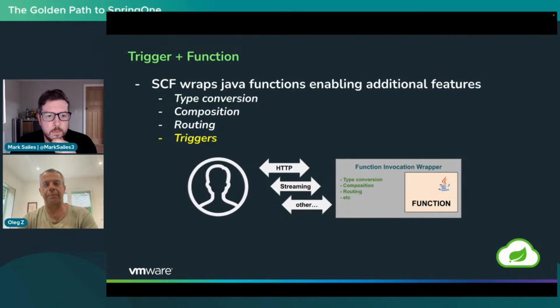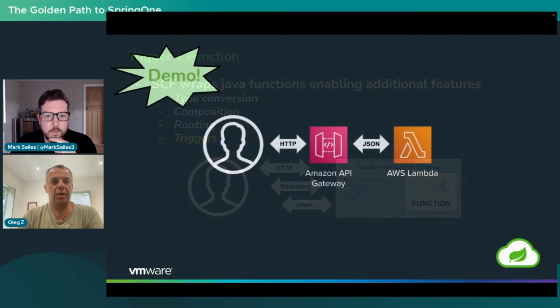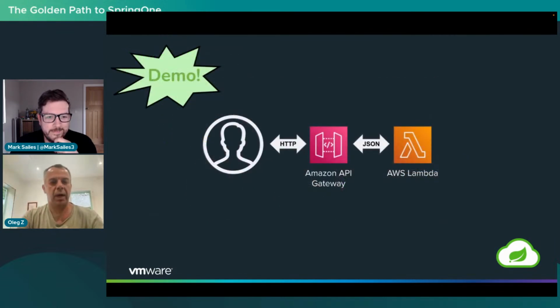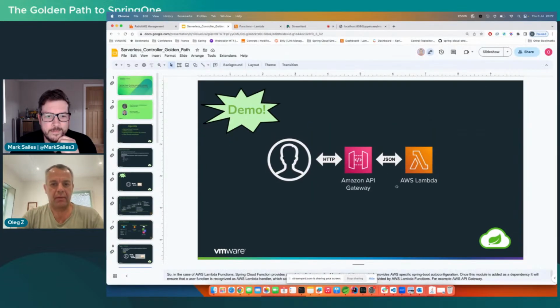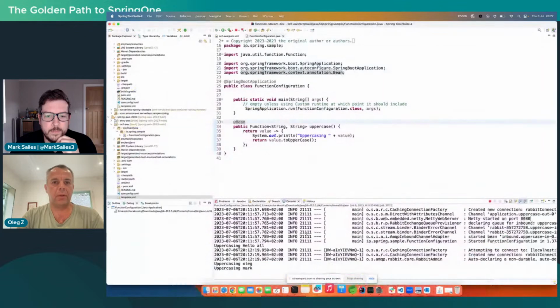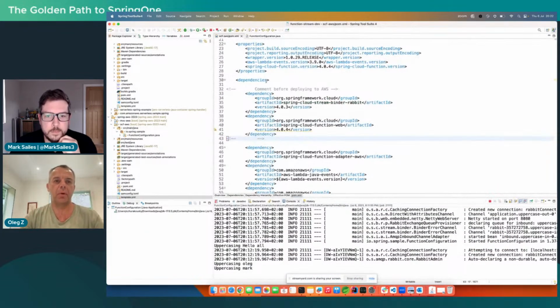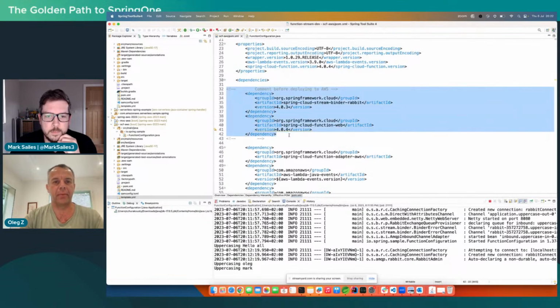triggers. Okay, so another demo. This demo is going to be a little interesting to show, so we'll see how it goes. First of all, what are we doing? I'm just going to go through the motions, but I'm not going to actually do a lot of things because we already deployed this into AWS Lambda.